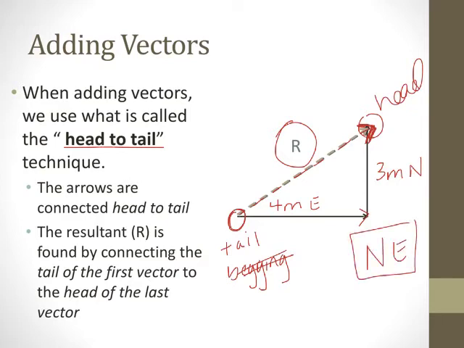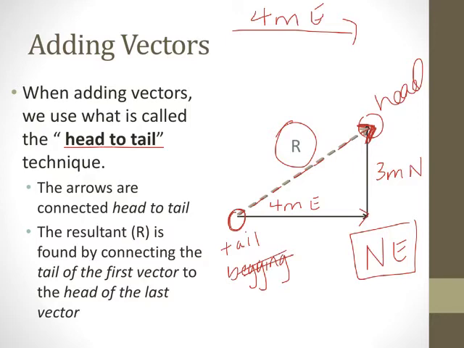Another thing I want you to keep in mind is this isn't the only way you could take these two vectors and add them together. Let's say we start with our 4 meters east. Which end of the arrow would I have to draw the 3 meter north vector below so that I have it set up head to tail?